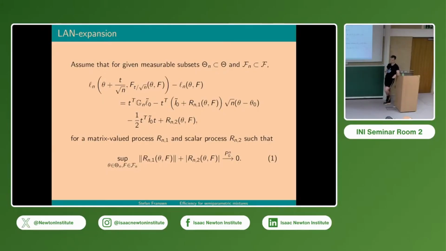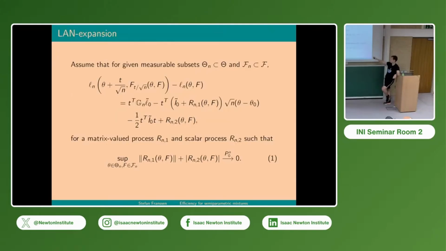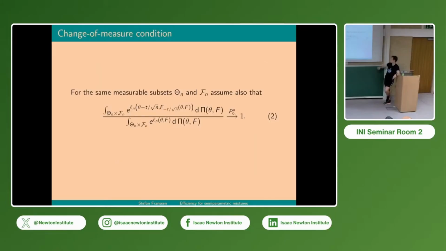The difficult part is that you have a second condition, the change of measure condition. And so we have these subsets theta n, where we have to have the uniform control. So we have this likelihood, but perturbed, and then integrated over the power, divided by the unperturbed likelihood.